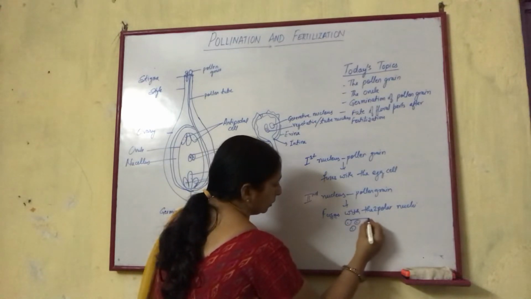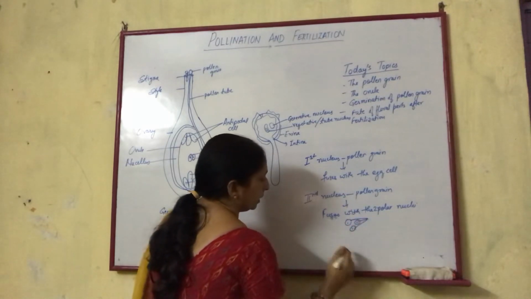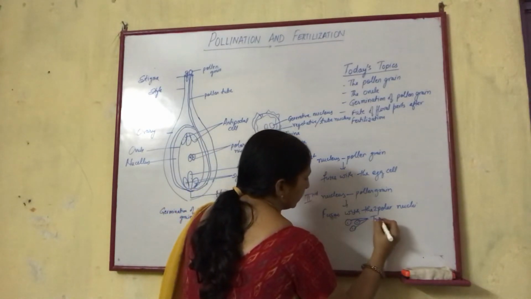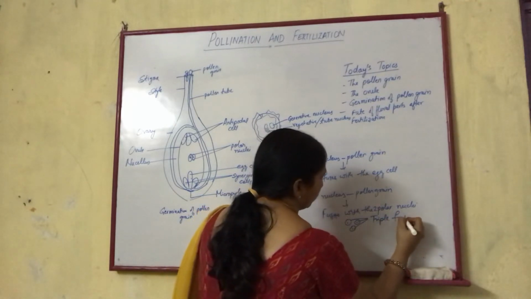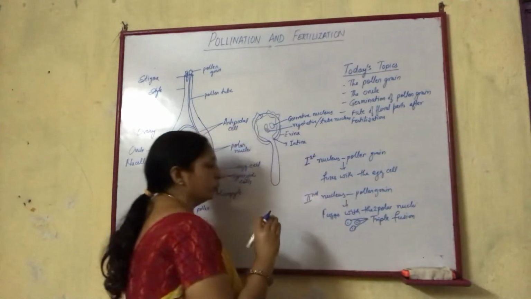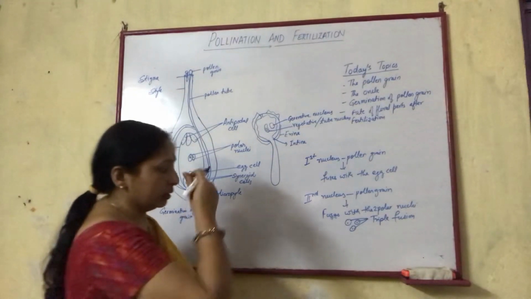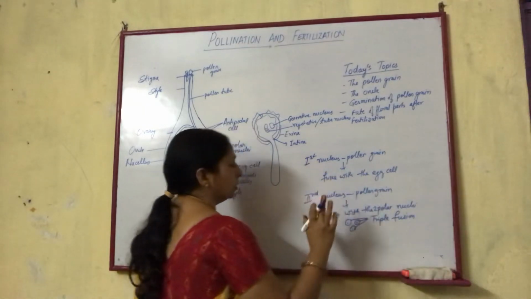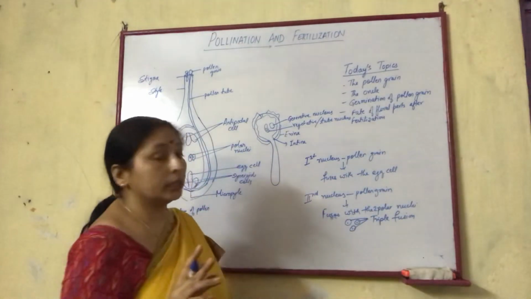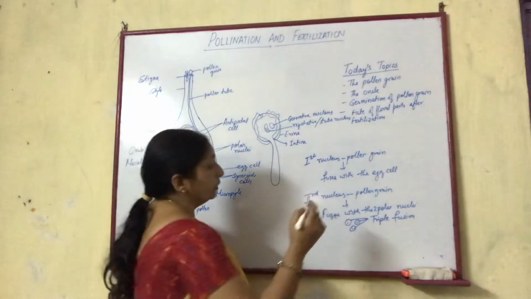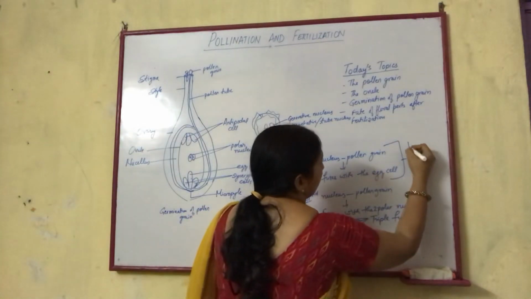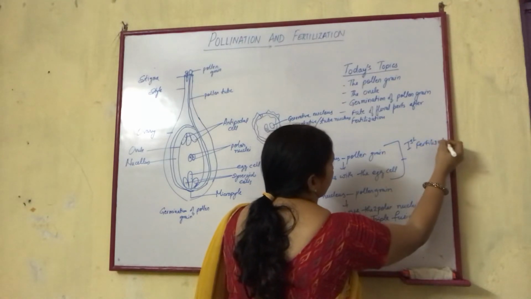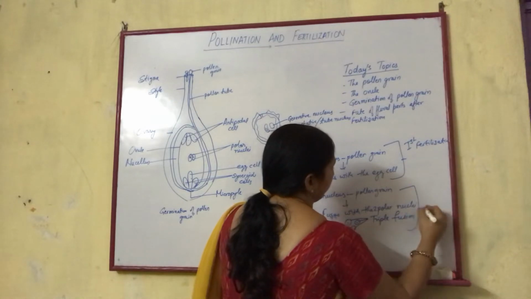Here there are a total of three nuclei, and that's why it is called triple fusion: two polar nuclei and one nucleus of the pollen tube. This process is also termed double fertilization: the first fertilization event, and this is the second one.